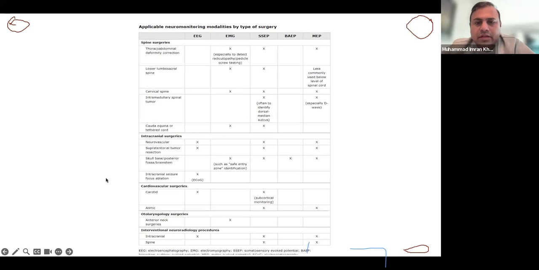Or if they're not completely reversed, then before they start, and if they're doing the baseline monitoring, you can give the reversal to make sure that the patient's muscle relaxation is reversed at that time. But you can still use your muscle relaxant for induction and for intubation purposes.